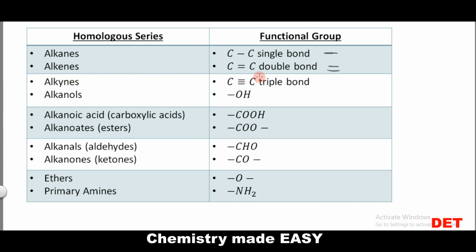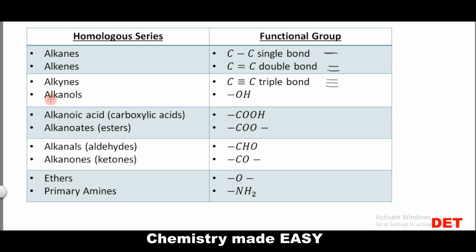The functional group of the alkyne is the carbon to carbon triple bond. That is peculiar to the alkynes. So any alkyne you will see will have a carbon to carbon triple bond. That is what determines the main chemical properties of the alkynes.